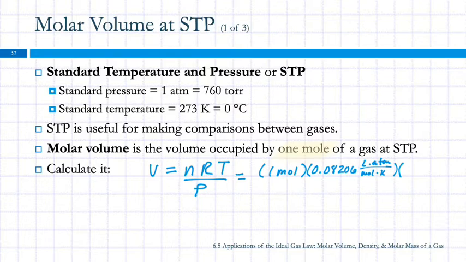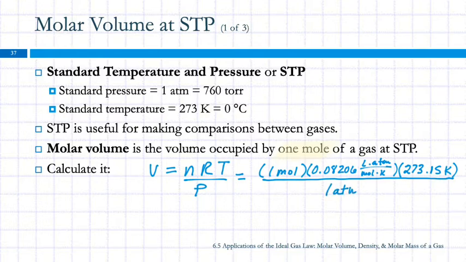What's the temperature? It would be 273 or 273.15, depending on how picky you're going to be. I'm feeling picky today, so 273.15 Kelvin. Standard temperature, 0 Celsius, or the equivalent in Kelvin. What's the pressure? 1 atm.